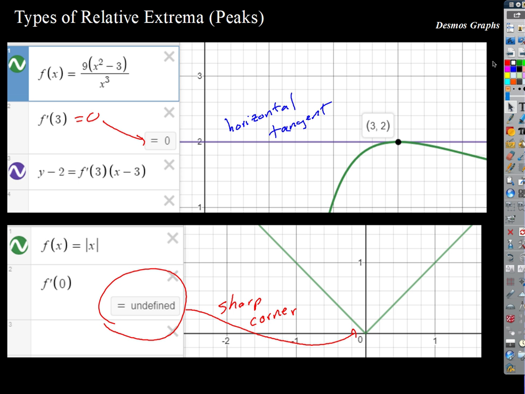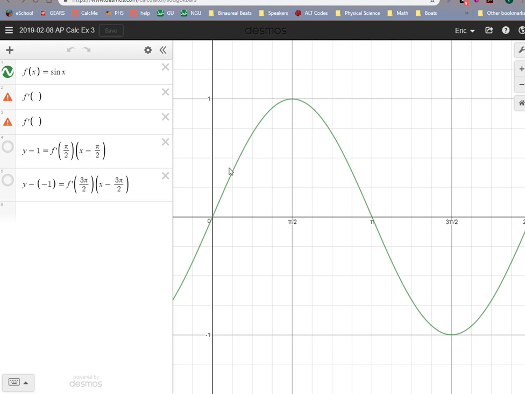How about we just look at maybe one more quick example. And this is like the first one, isn't it? Right? If I've got a sine curve, you can tell me, obviously there's going to be a relative maximum, that's a peak, and there's an example of a valley, right? And so as expected, those give me horizontal tangent lines, right?